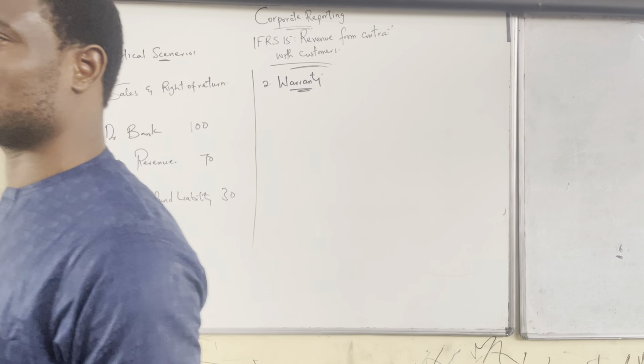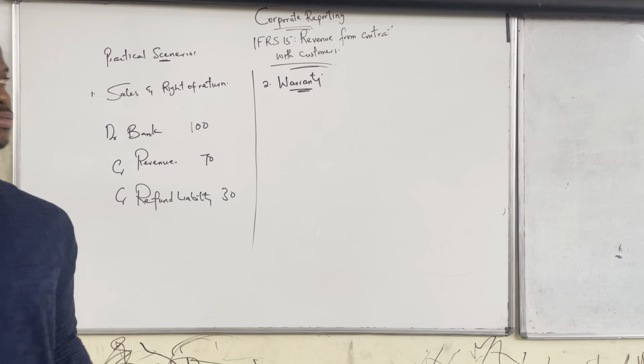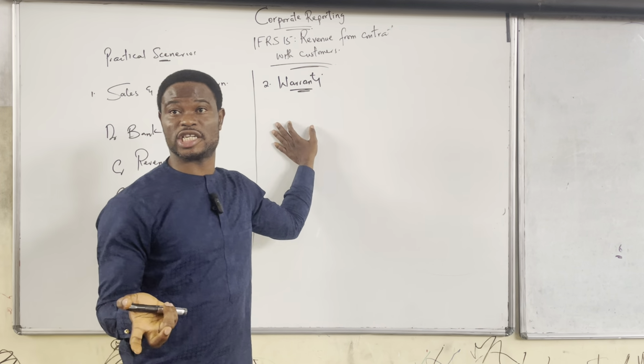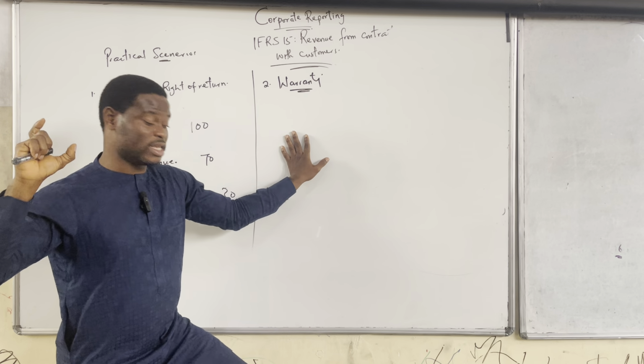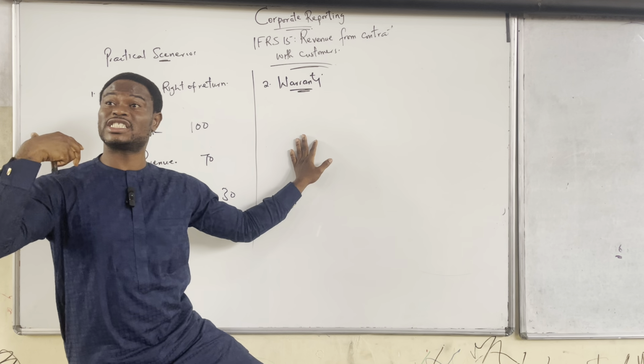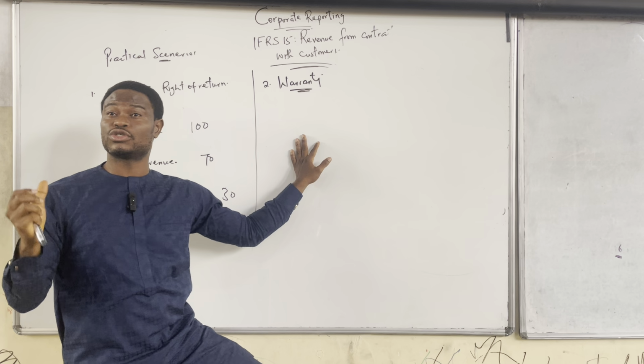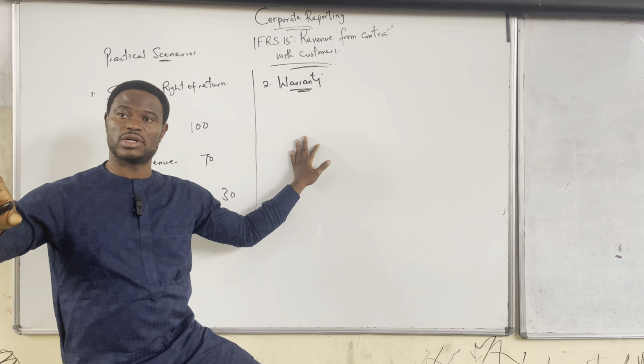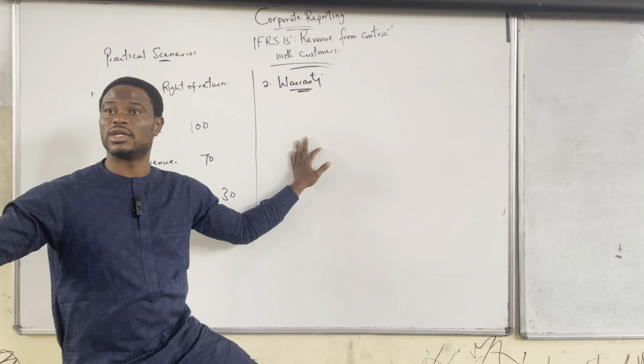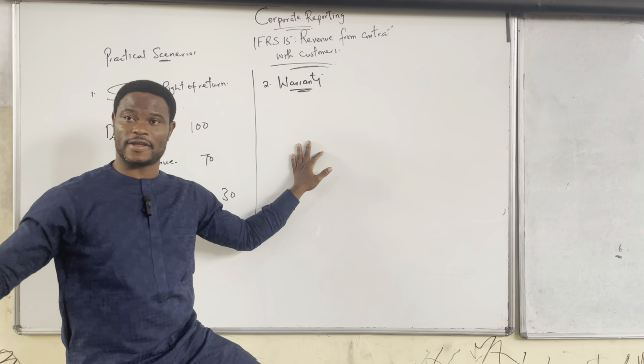Warranty. Let's look at warranty. You know what warranty means generally. Warranty ordinarily means that we are guaranteeing you that these goods will work very well. If it doesn't work very well, you can return it within 1 year.